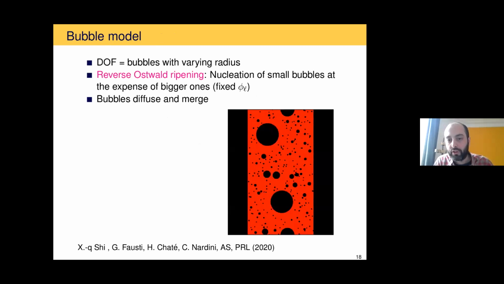For example, you can change how the bubbles diffuse depending on their size, and that seems to change the critical exponent, but that's still ongoing work. And it's not very clear at the moment. Okay, thank you.